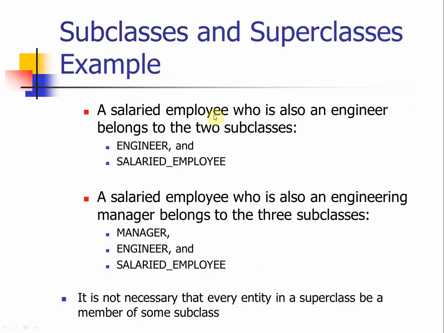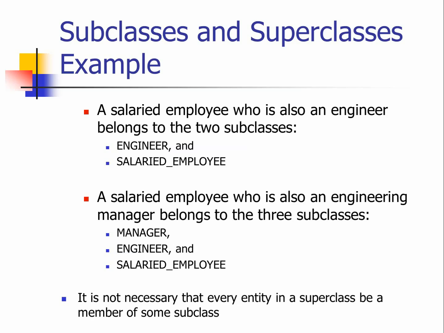So you can see that a salary employee who is an engineer belongs to two subclasses. If employee number 1 is an engineer, that person is an engineer and is paid by salary, so that person exists in two subclasses. A salary employee who is also an engineer manager will exist in 3 subclasses, and that is totally fine.